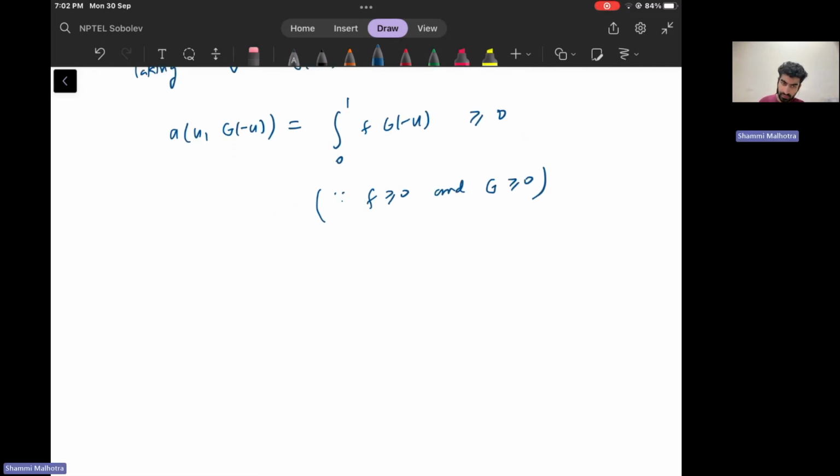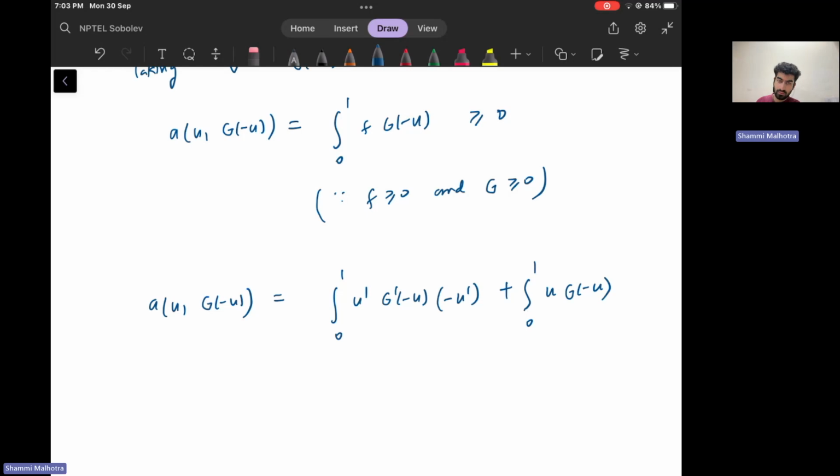But if you try to see, this a(u, G(-u)) is nothing but integration 0 to 1 of u' times the derivative of G(-u), so there will be G' of minus u, and then this is minus u', plus integration 0 to 1 of u times G(-u).